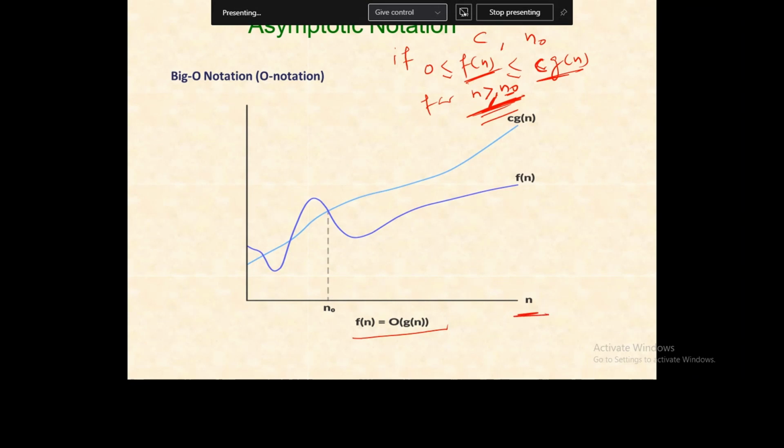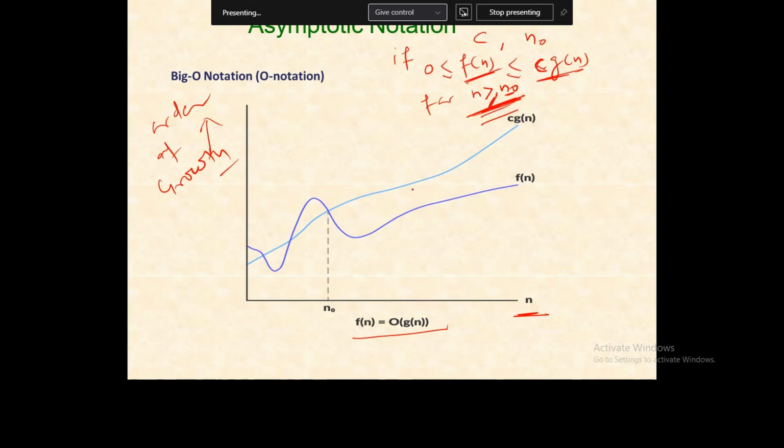Now let's come to this graph. This is the input n, and this is the order of growth of two functions in the upward direction. Now this is the plot for f(n) and this is the plot for g(n).